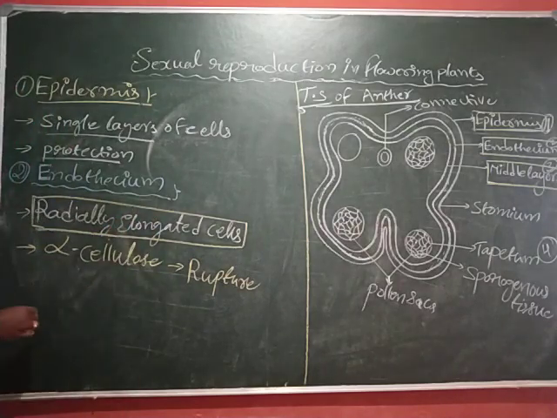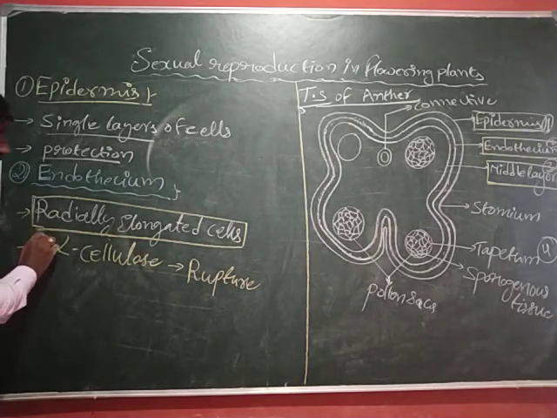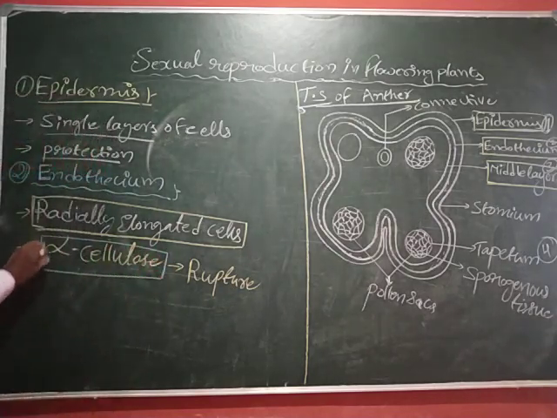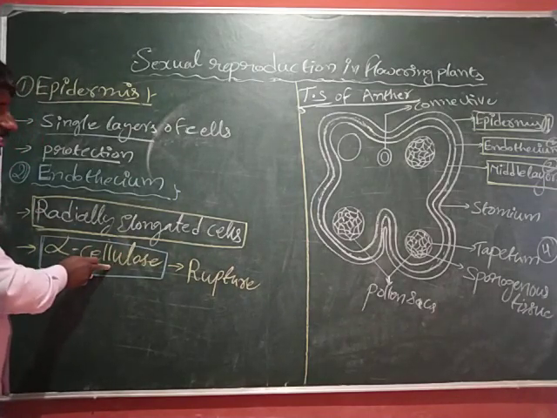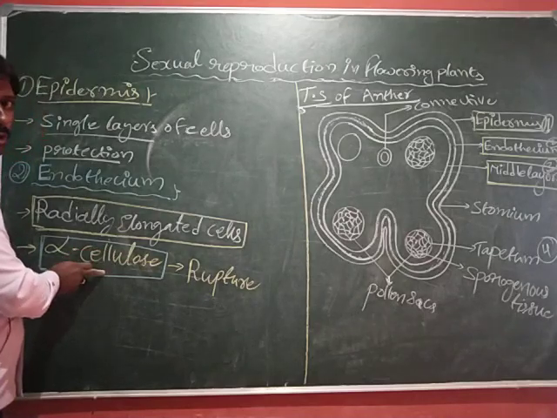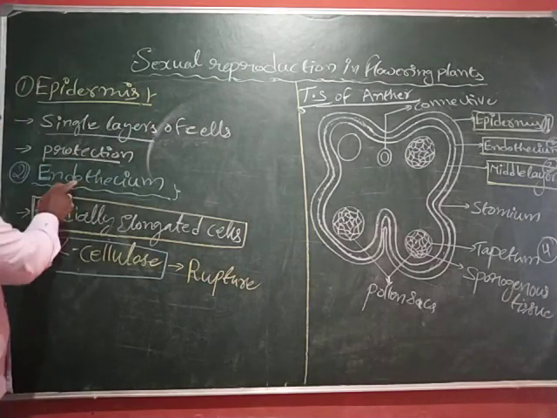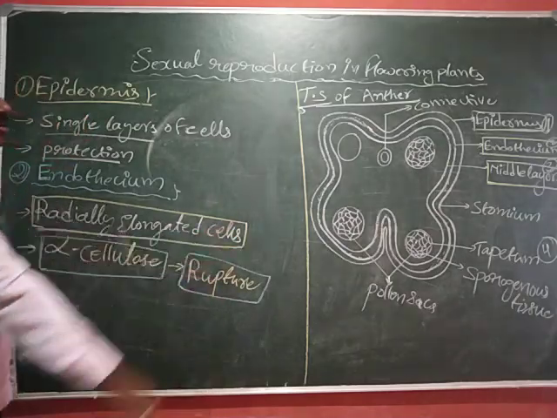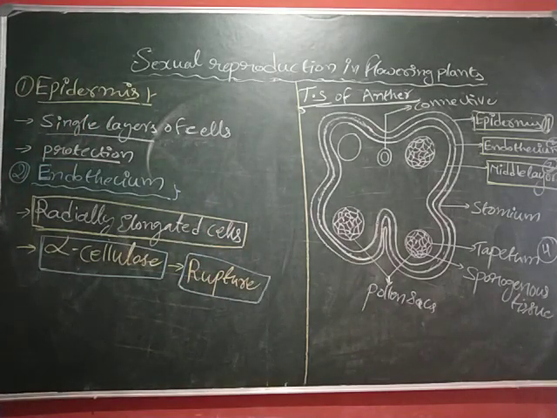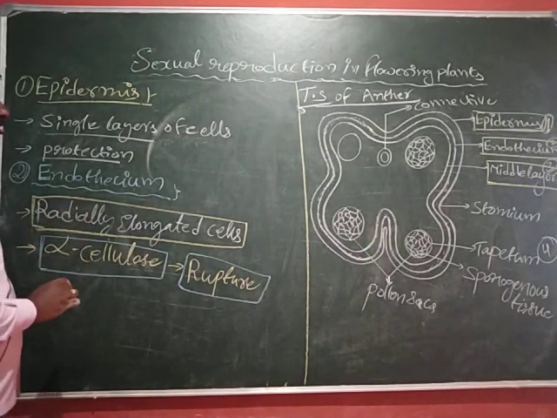It consists of alpha cellulose. What is the role of alpha cellulose? Due to its presence in the endothecium, it helps in the rupture or dehiscence of the anther. These points are also very important for competitive examinations.